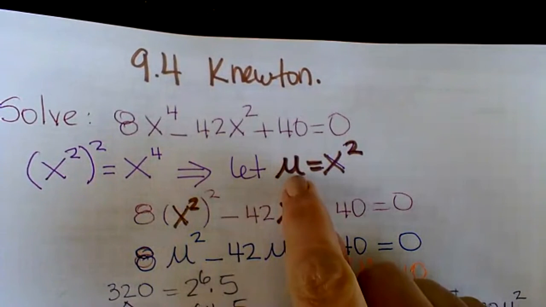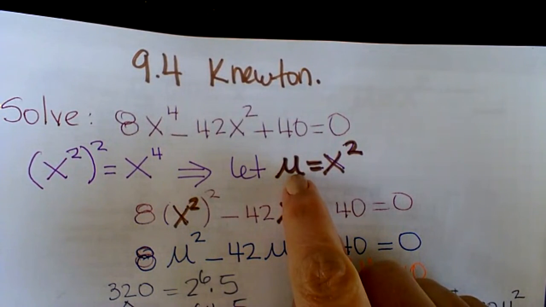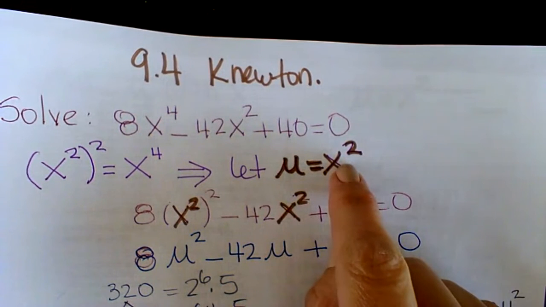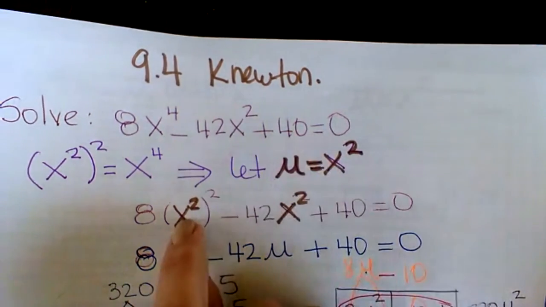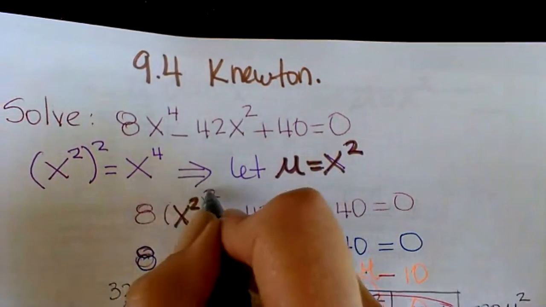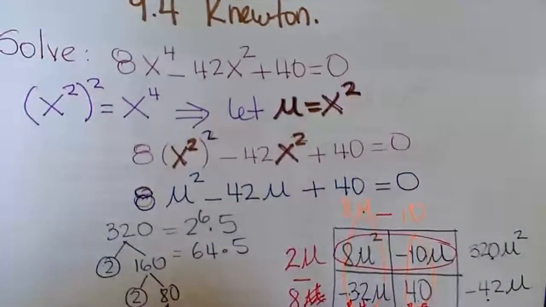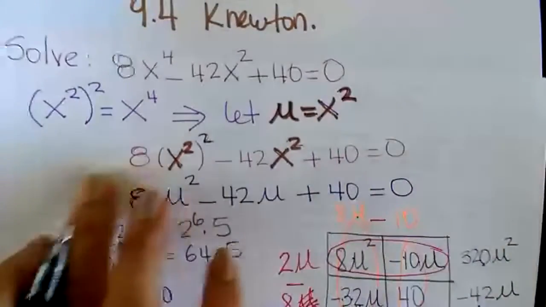So I'm going to let u, any letter you could use, okay, equal to x squared. So I substitute the x squared in the equation, and this is what I have to start with.